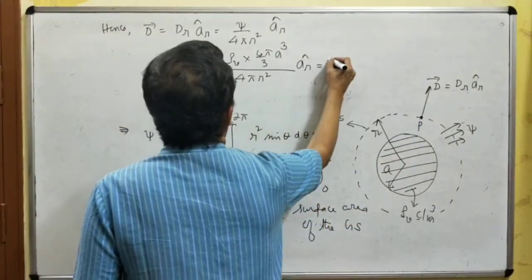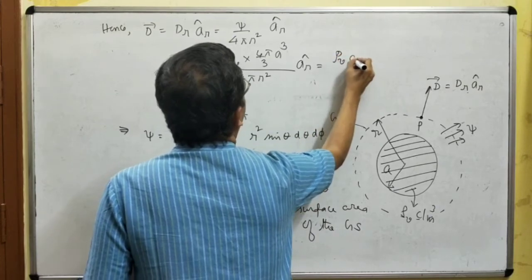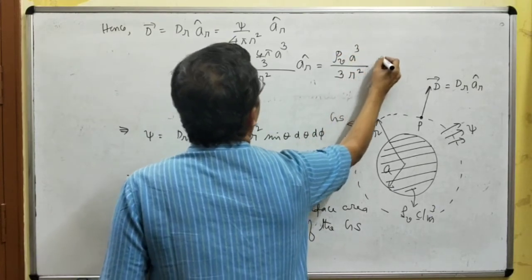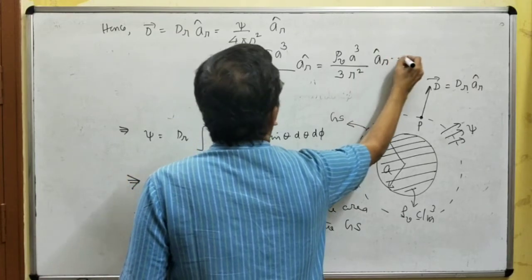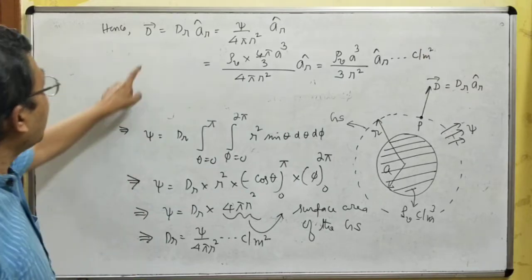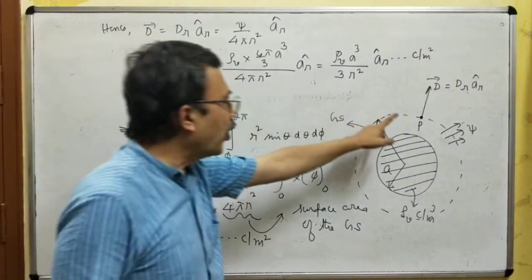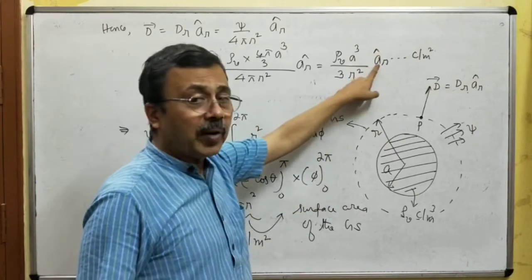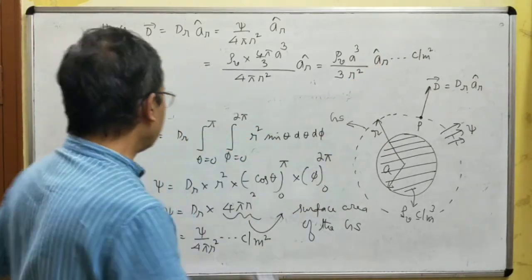So 4 pi cancels, and you get rho v into a cube divided by 3 r square into a_r cap. So many coulombs per meter square. This is the electric flux density at point P. It is in the radial direction, which is indicated by the unit vector a_r cap.